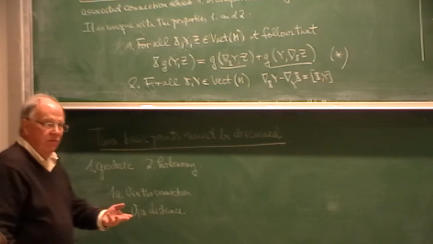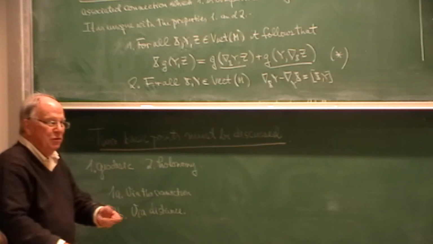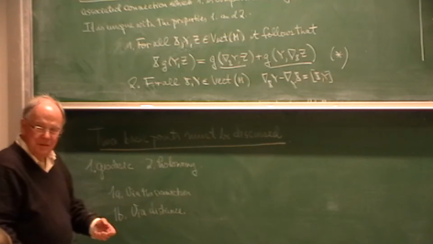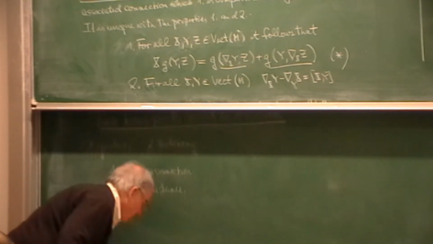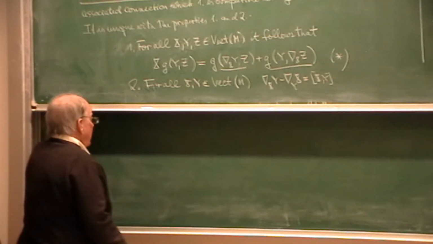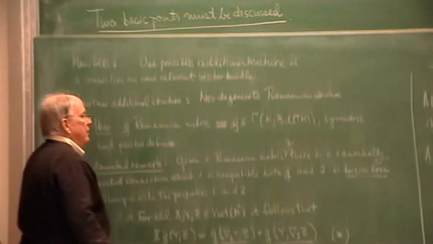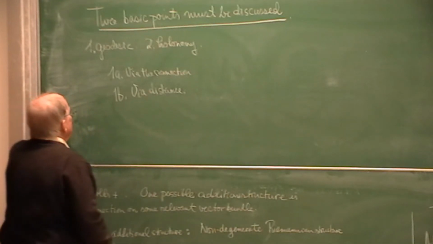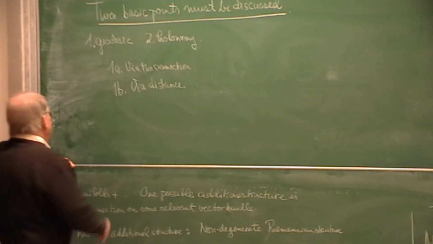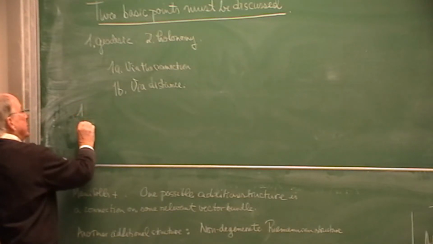I think we all have some feeling of what geodesic should be. It should be the shortest thing. But actually, the easiest first way to talk about is with respect to the connection.